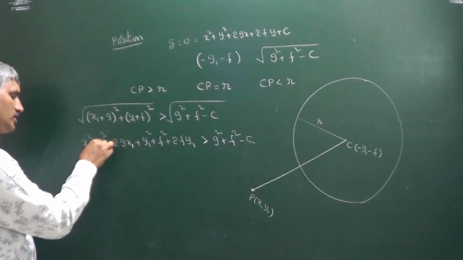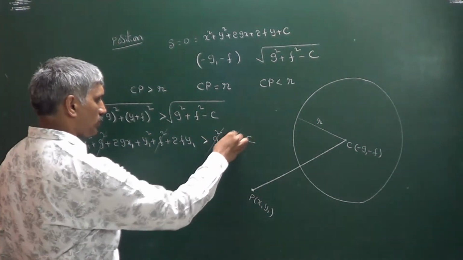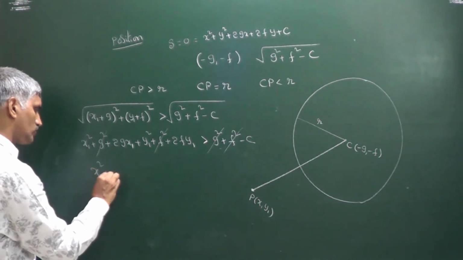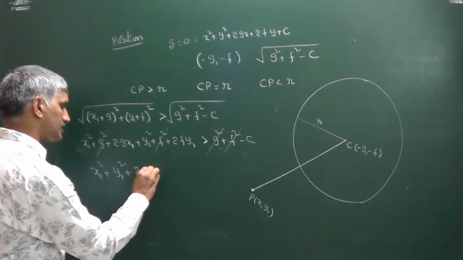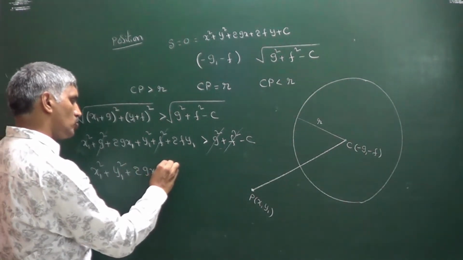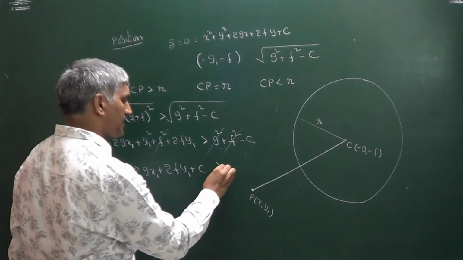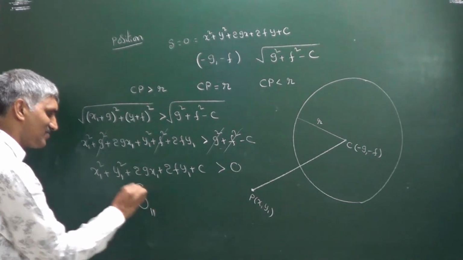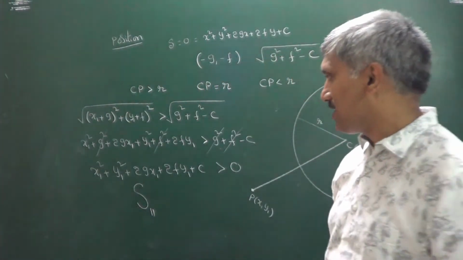You can observe g square here also g square, f square here also f square cancel. Shifting to this side, we get x1 square plus y1 square plus 2g x1 plus 2f y1 plus c greater than 0. That means this is nothing but S11, the notation which we discussed earlier.